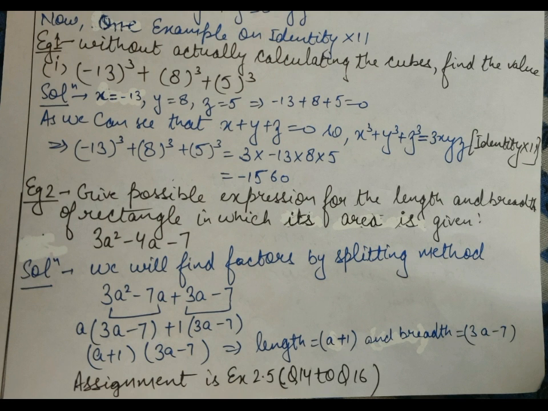Now we can see that 3a minus 7 is common in the whole, and what is left with us is a plus 1 in one bracket. As I have told you, our first factor will be the length and the second will be the breadth. So here length will be a plus 1 and breadth will be 3a minus 7.